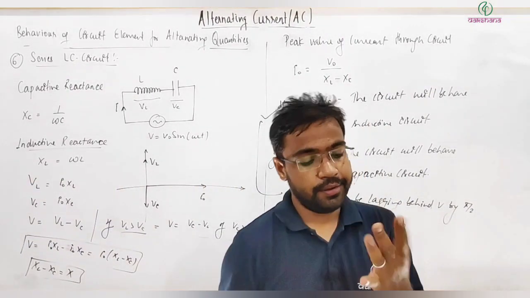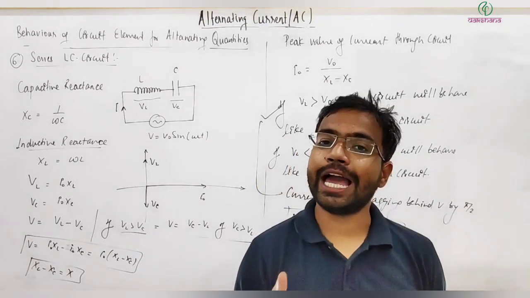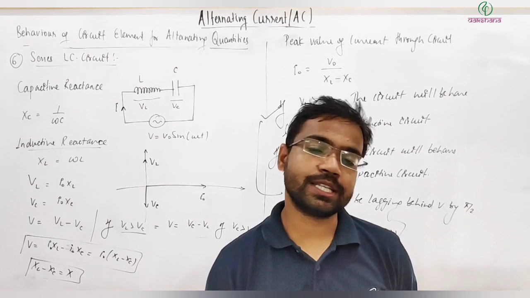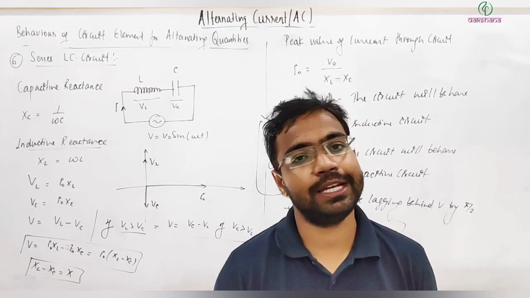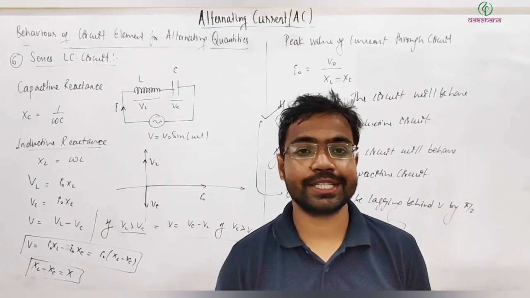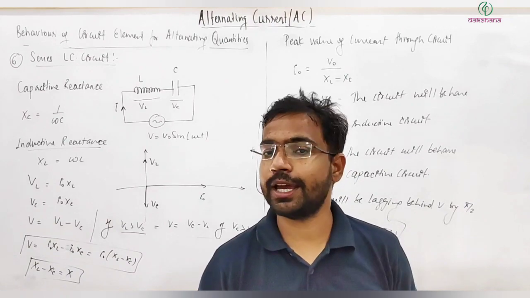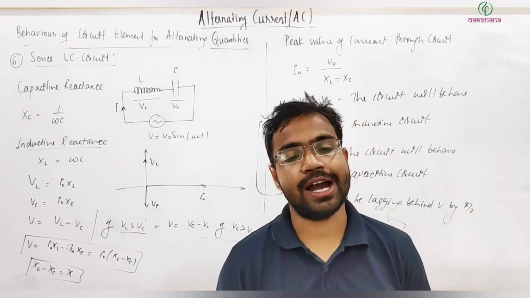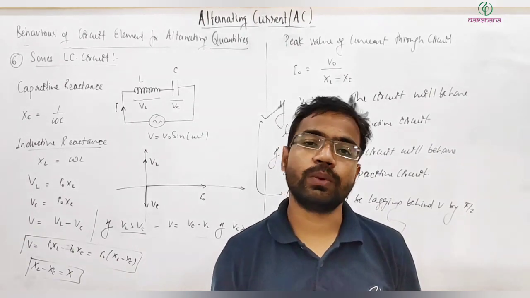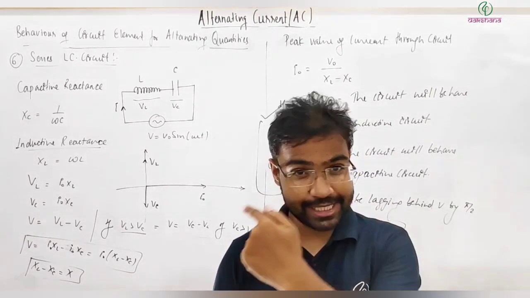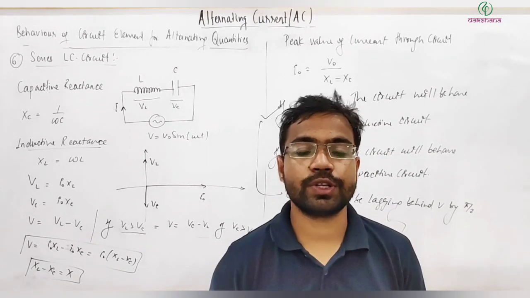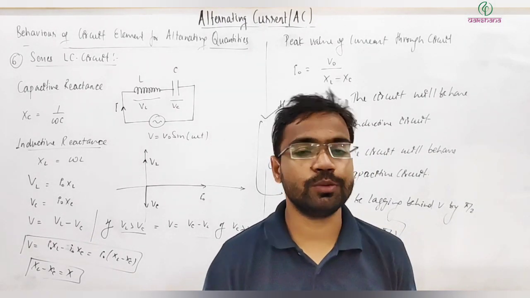So first thing is, if a purely capacitive, resistive, or inductive circuit is given, and an AC source is applied, whatever is asked, you must be in a position to answer that. Similarly, if either an LC, LR, or RC circuit is given, and one AC source is connected across them in series, then in that situation also, anything asked, you must be able to answer.